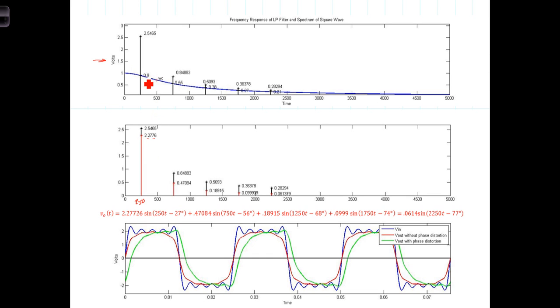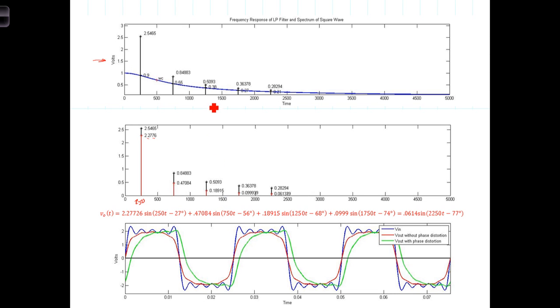We know it's 10% because this amplitude here was 0.9. So that represents about 90%. About 90% of this frequency component makes it through the filter. On the other hand, only about 55% of the second component, the k equals 3 component, makes it through, where we've got the 0.55 times that gives us 0.47.